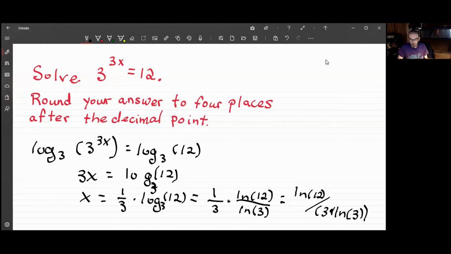I'm coming up with approximately, when we round it to 4 places, 0.7540, and in a moment I'll show you how to type that in on the TI-30.